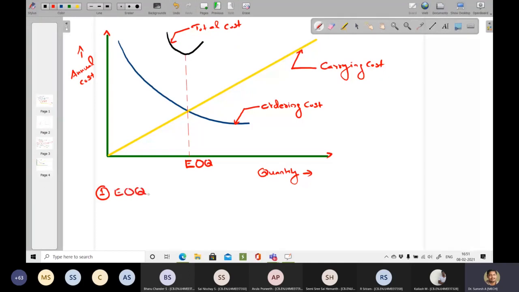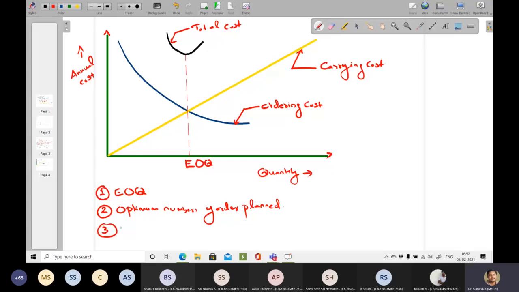For the various models, next you can determine the optimum number of orders planned. You can also determine the minimum total inventory cost.